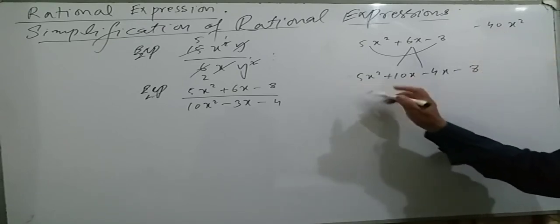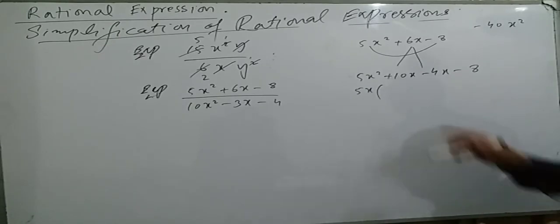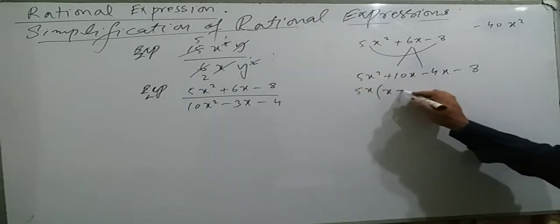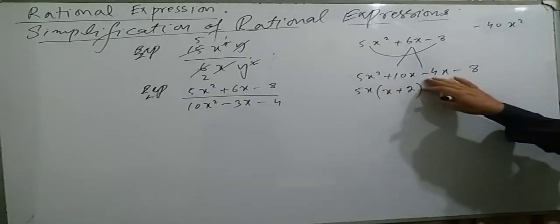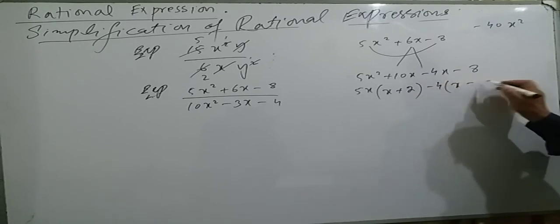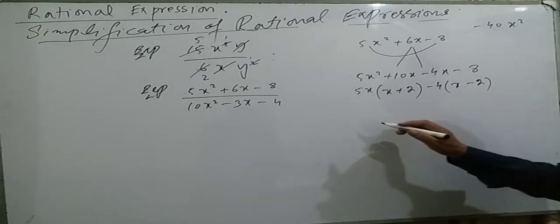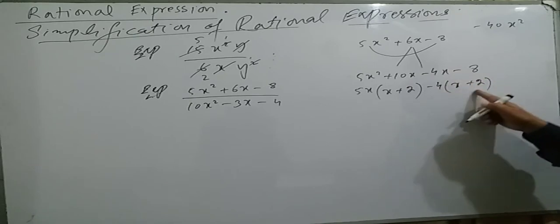Now what is common in these two? 5 as well as x. So take 5x common from these two. What will remain here? x plus 2, since 5 twos are 10. And here take minus common as well as 4. So what will remain? x minus 2, since 4 twos are 8. Now from these two, x plus 2, if you take minus common, it will become x plus 2.